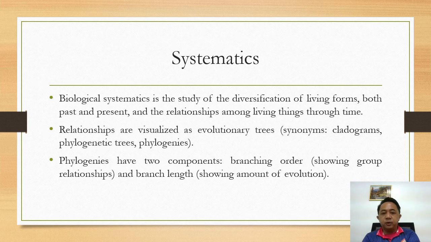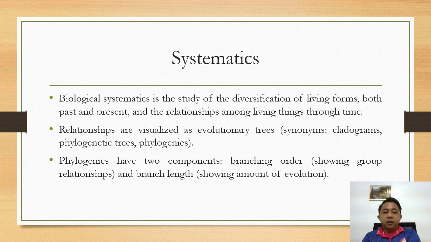So I know you're going to say that you have already taken this in your general taxonomy, yes. But as a form of review and as a form of enhancement from your previous lesson, we are going to discuss again those particular terminologies under your systematics, particularly those areas under your cladograms, phylogenetic trees, and phylogenies.